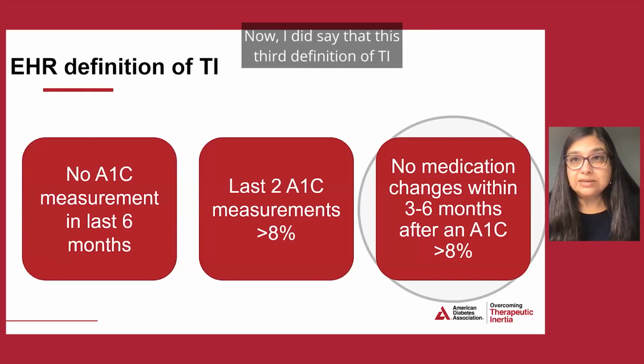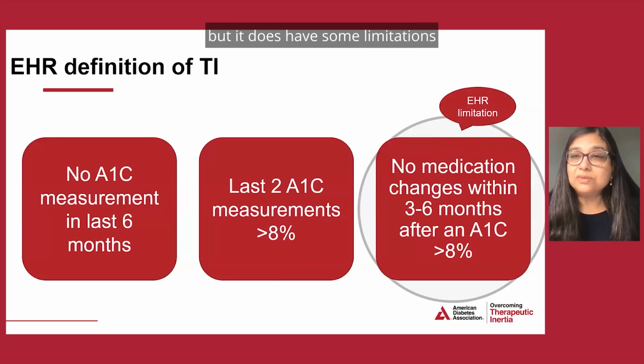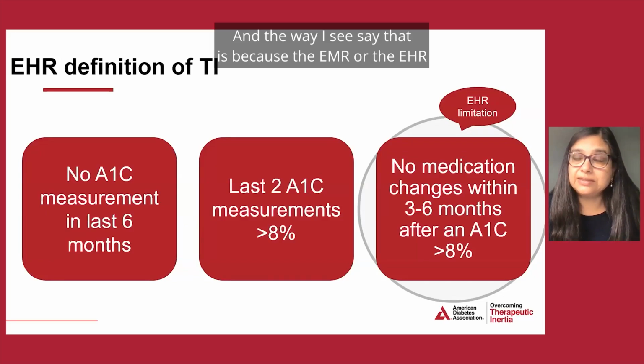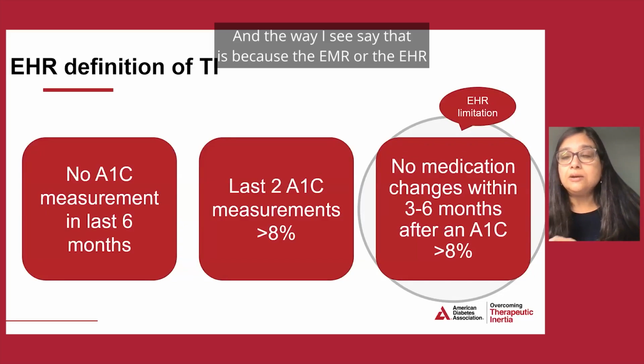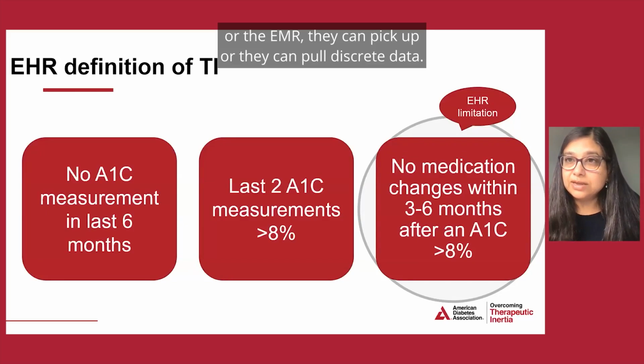Now, I did say that this third definition of TI is a little bit more specific, but it does have some limitations as far as the EHR is concerned. The way I say that is because the EMR or the EHR can pull discrete data.